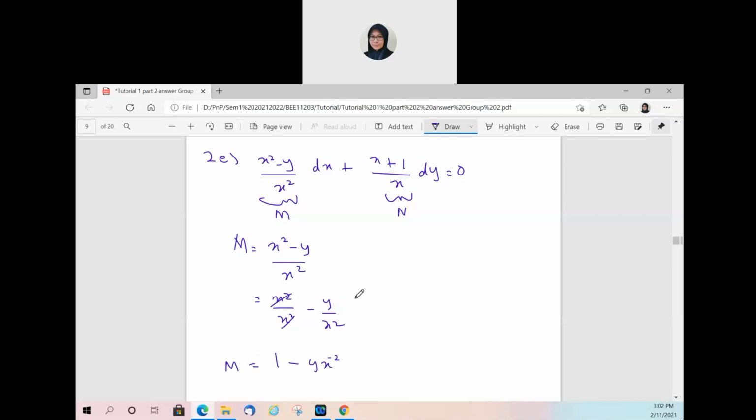And your N is equals x plus 1 over x. Then I split it, then this one will be 1 plus x to the power of minus 1.